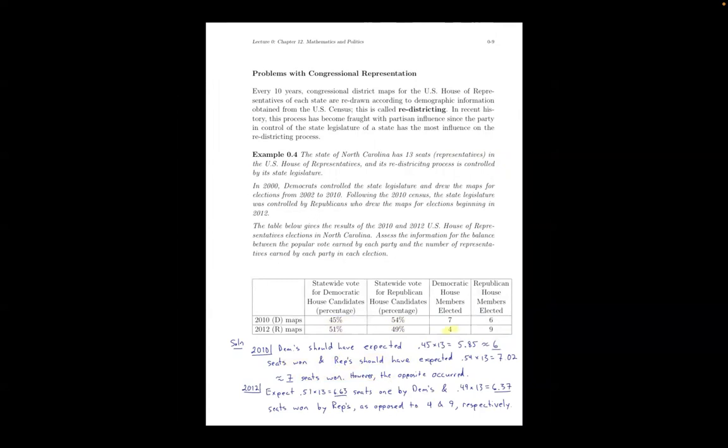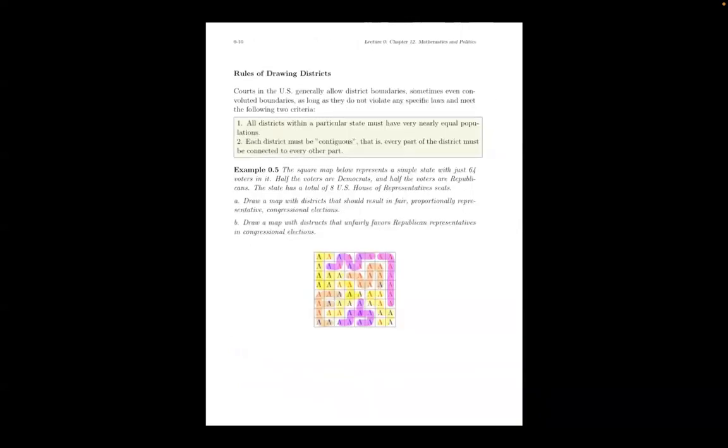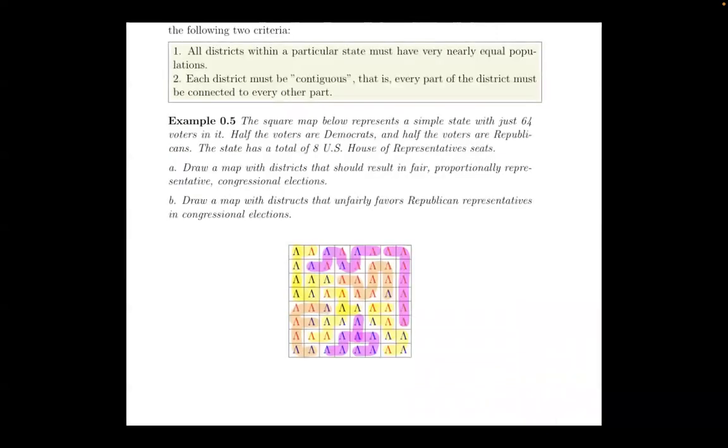If we're not close to what we expect, well, then something's probably gone afoul in a pretty bad way. And I think both of these cases were potentially situations where the representation went awry, where what was expected wasn't met, and we could question the legitimacy of the districts in that situation. So anyway, let's try to draw a fair map first, okay?